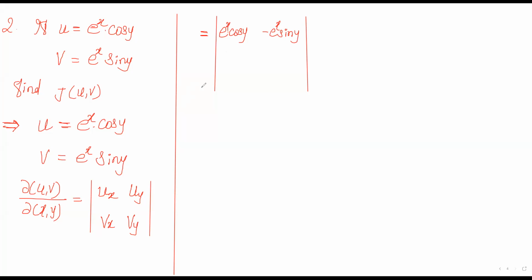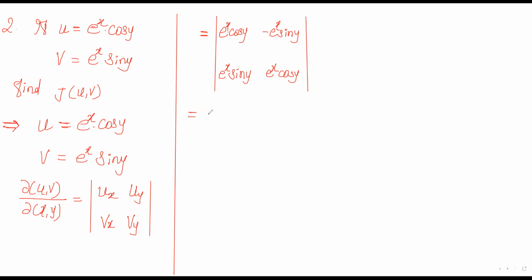Then take the derivative of v with respect to x, e raised to x sin y, and the derivative of v with respect to y, e raised to x cos y, which is equal to e raised to x cos y into e raised to x cos y.